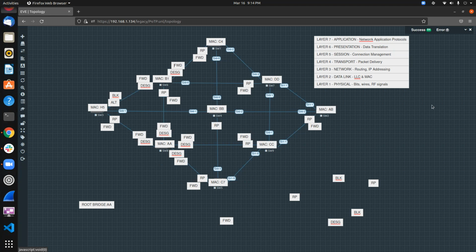So the lowest bridge ID between the next move, C4 to DD or B1 to DD, would be B1 to DD. So I see designated on interface 0 forwarding.